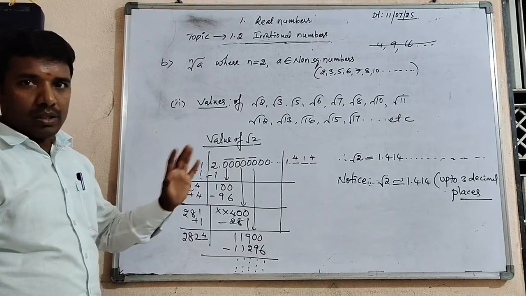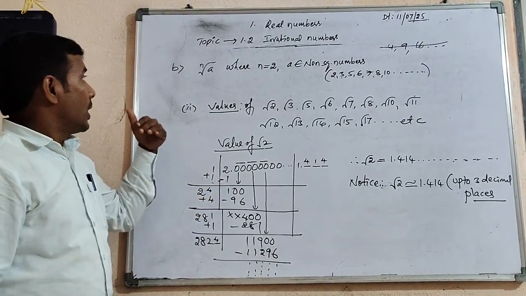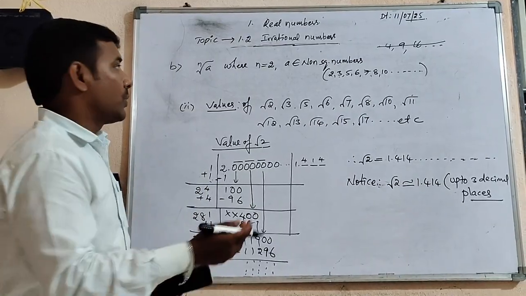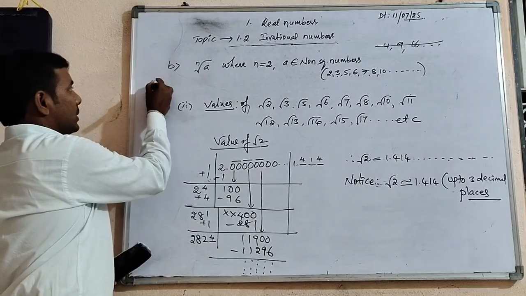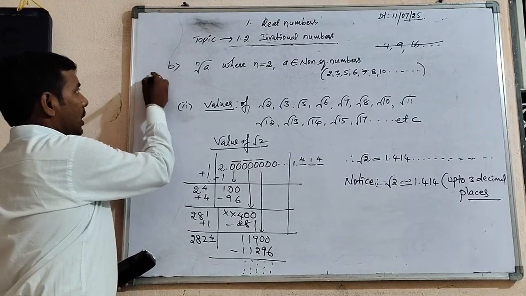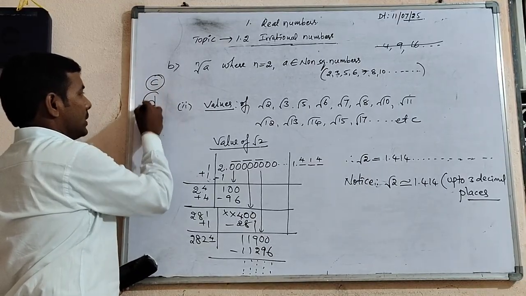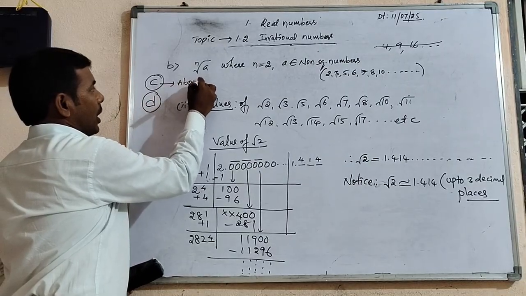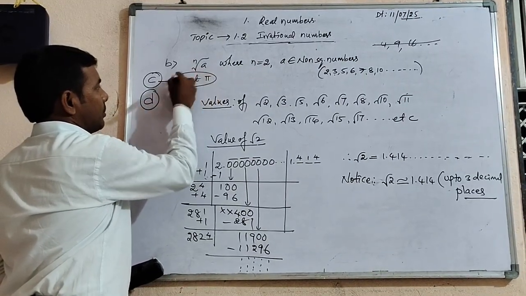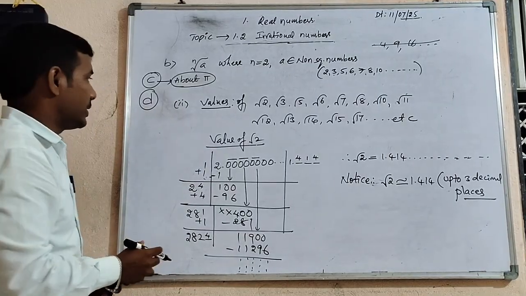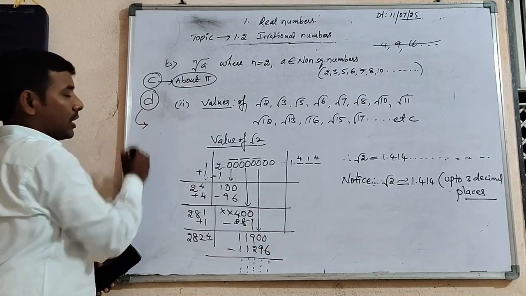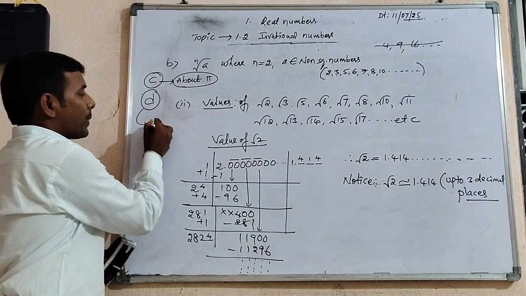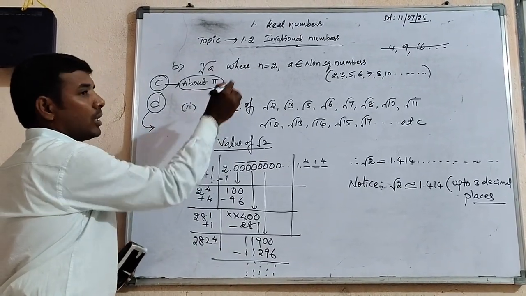Further, I think there is no doubt at all. Next, tomorrow's class, nothing but the next video, we want to discuss the subtopics C and D. C is nothing but about the pi symbol, further details. Next, in D concept, we want to discuss how to represent irrationals on the number line.